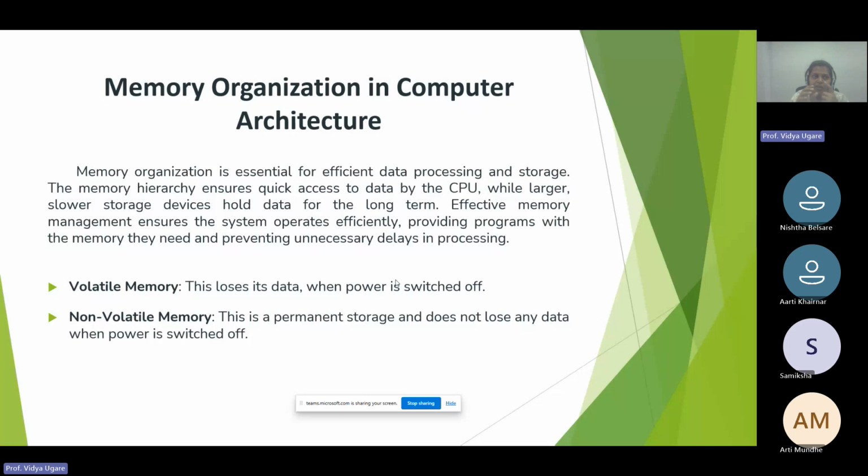As I said, until and unless you delete it, it is not going to be deleted. It is permanently saved in the secondary storage. Volatile means it can be erased when the power is switched off, so it's temporary. Non-volatile means it's a permanent storage.